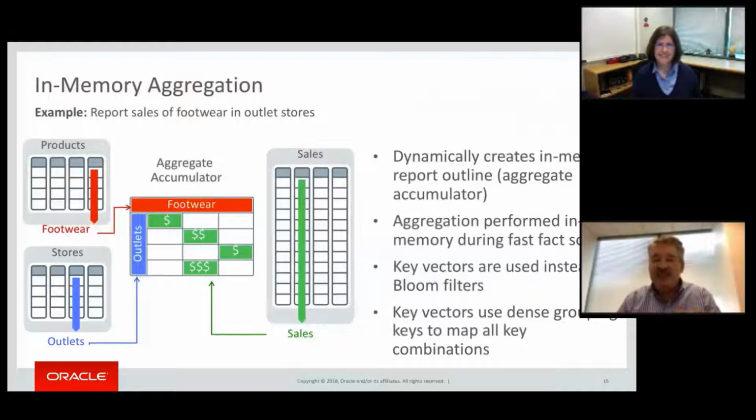As we finish the scan of the sales table, we'll have already performed the aggregation, and so all of those results can be returned directly to the invoking query such that we don't have to do any other external processing of that data, which is much more efficient, which is why we get a 6 to 8 times performance improvement over a standard group by query.